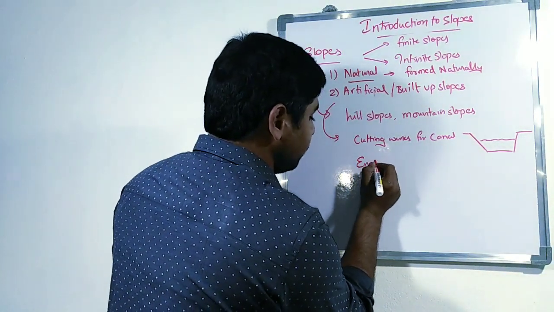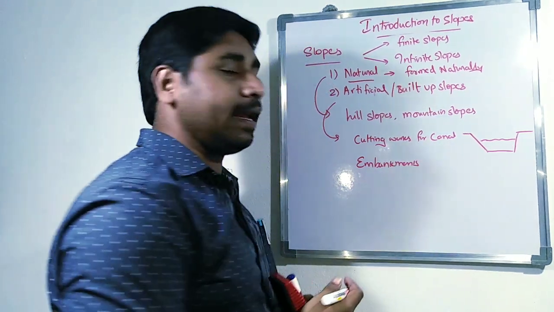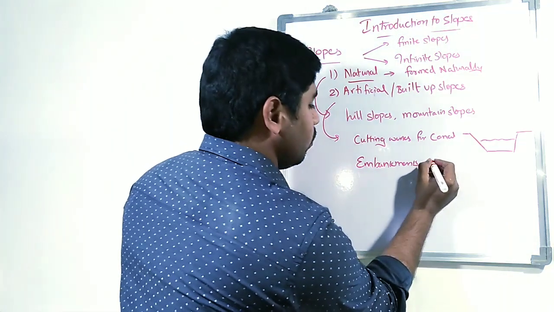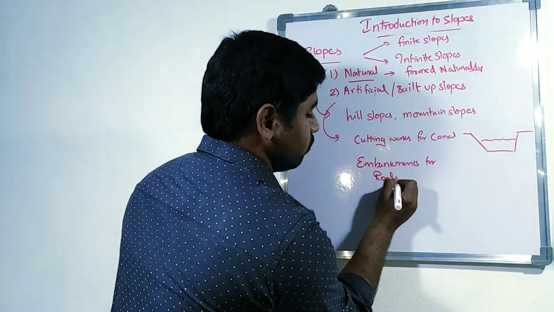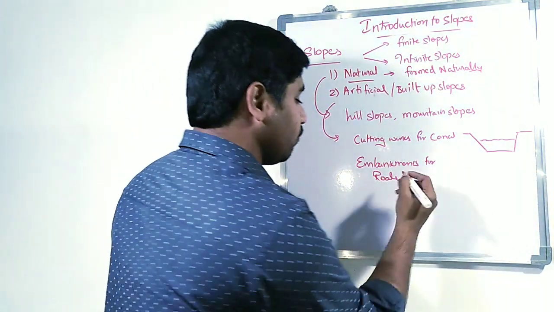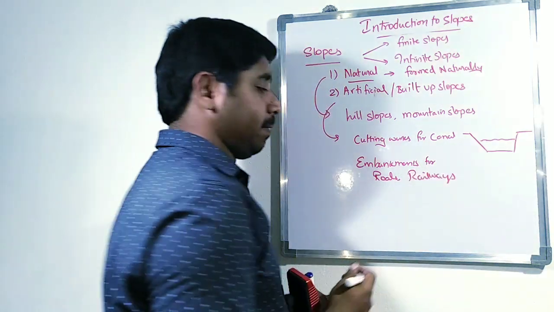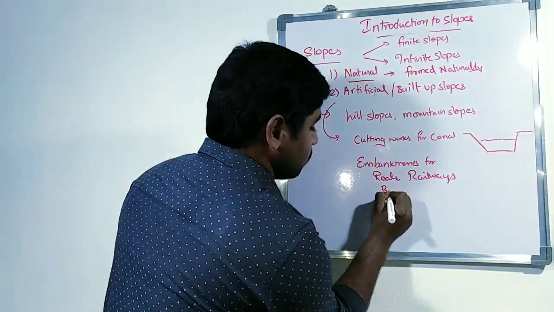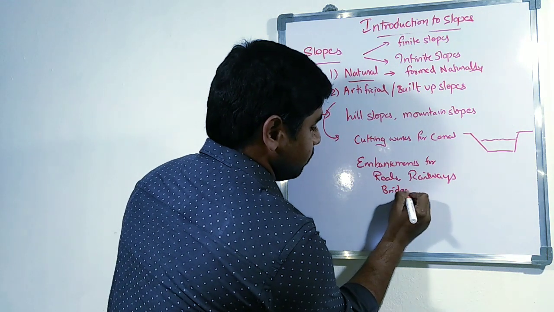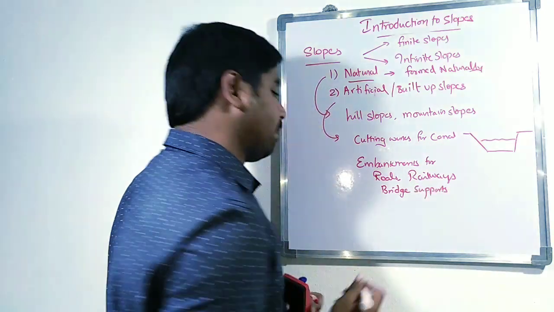Similarly, for embankments, you will be laying up embankments for several purposes. Like roads, we will be doing embankments. Similarly, for railways, we will be doing embankments. Or for bridge supports, we will be laying some embankments.